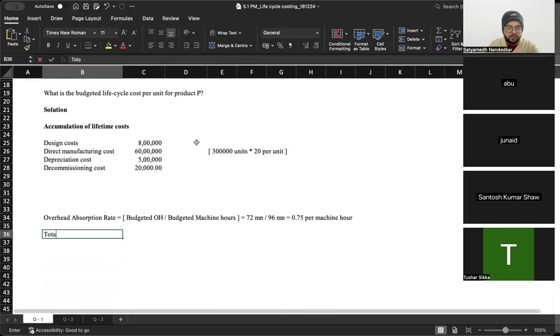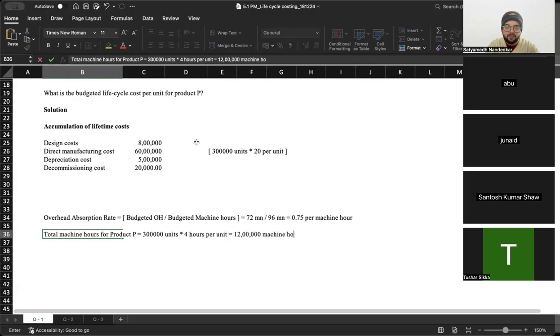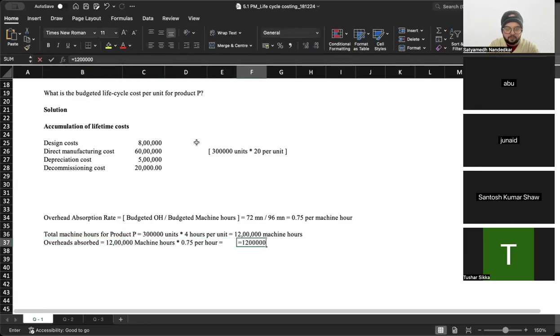Okay, so total machine hours for product P is 3 lakh units into 4 hours per unit, that is 12 lakh machine hours, and overheads absorbed is 12 lakh machine hours into 0.75 per hour. 9 lakh.